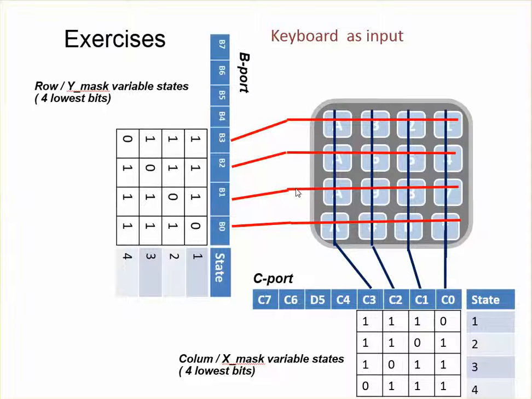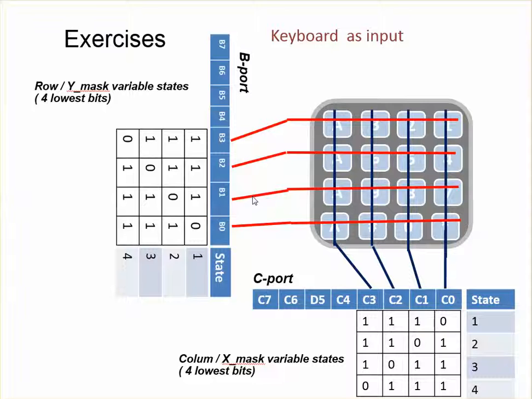With the lowest row at logical 0, we can read the lowest keys as earlier. When this has been read, we change to state 2.